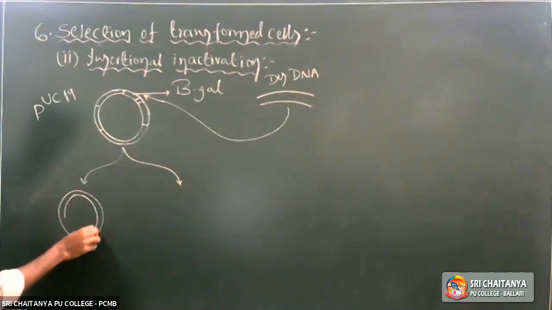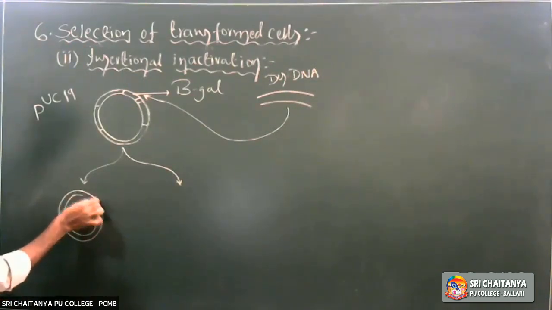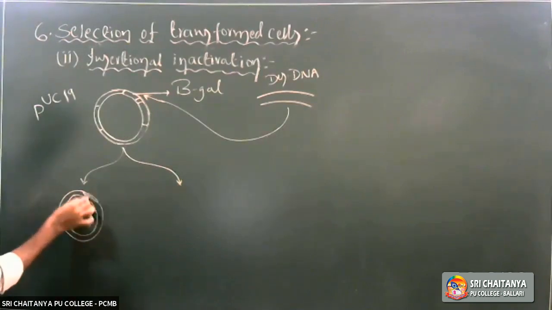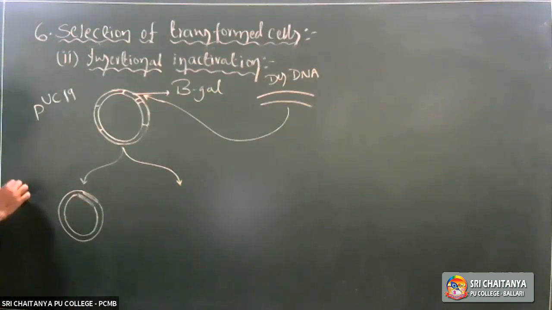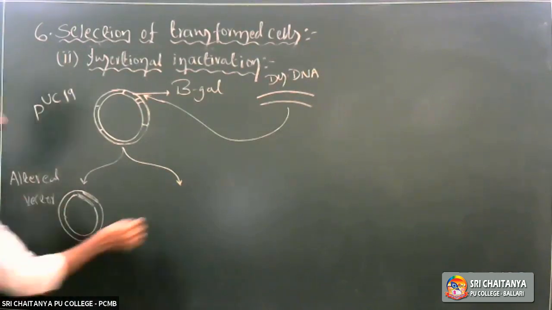One is the altered vector. In this vector, foreign genetic material is inserted. Is it altered or unaltered? Altered vector. Then come to this side.